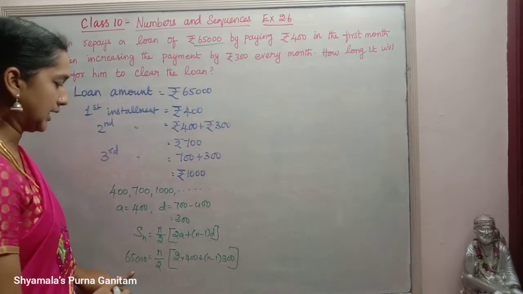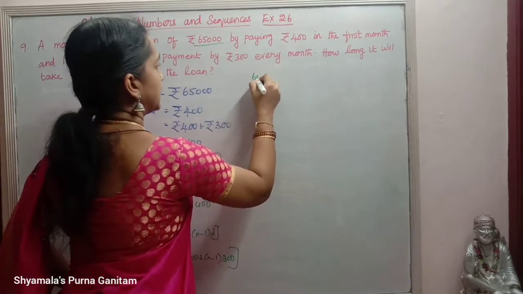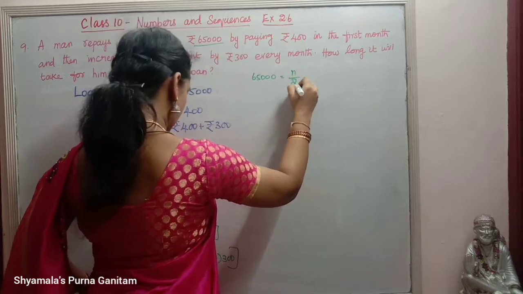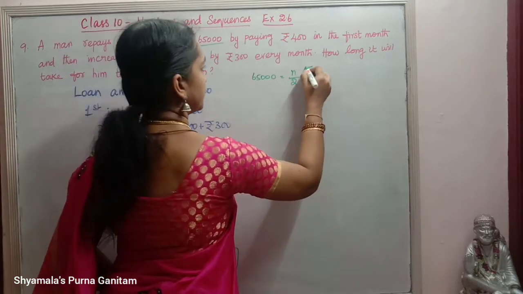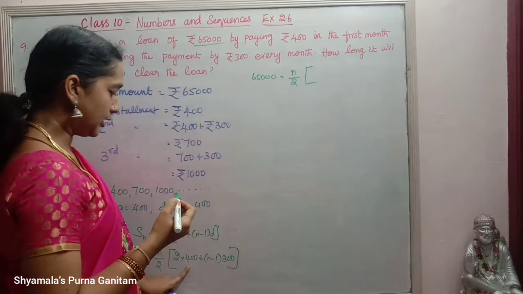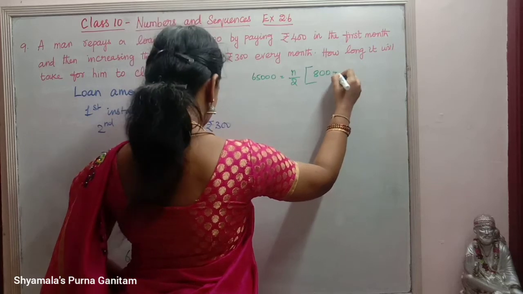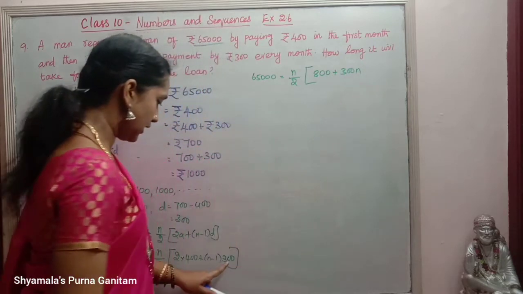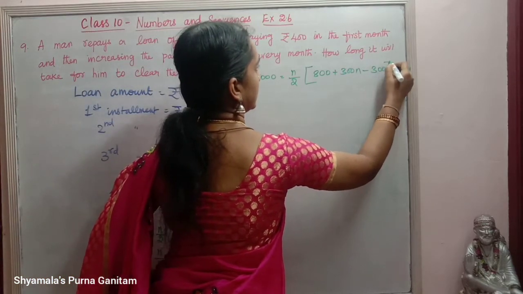Okay, so this one has to be simplified now. So 65,000 is equal to N by 2 into 2 into 400 is 800 plus 300 N, 300 into N is 300 N minus 300.